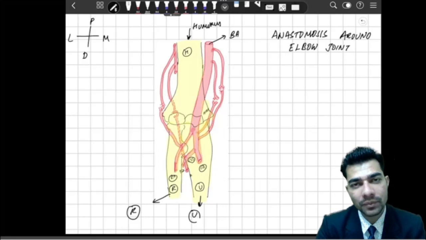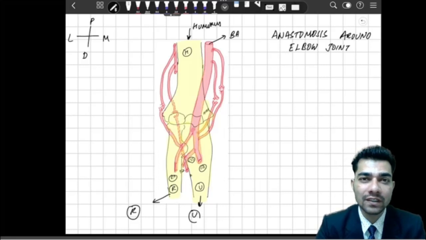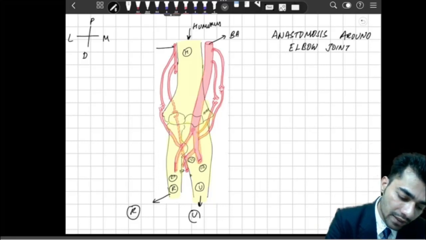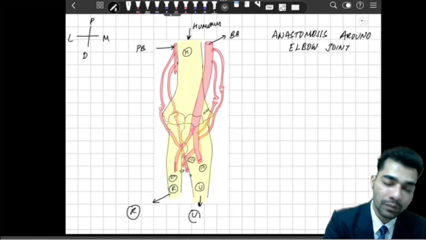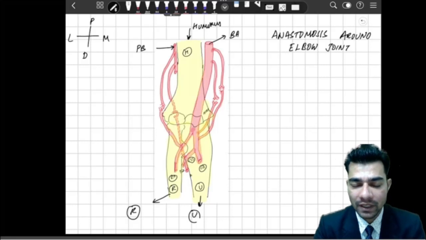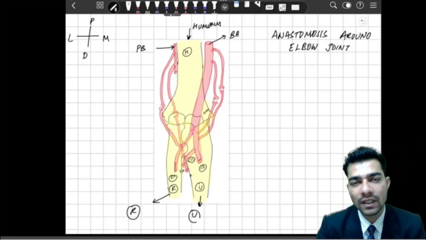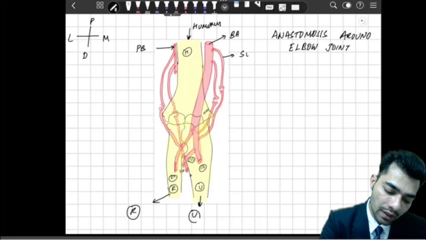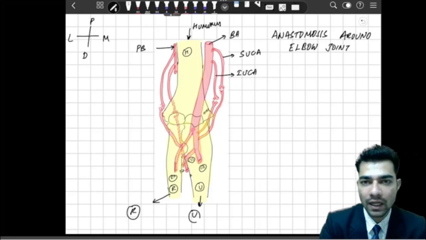The first branch of the brachial artery, which is the profunda brachii artery, lies on the lateral aspect of the humerus bone. This is the profunda brachii artery, which is the first branch of the brachial artery. On the medial aspect, there are two branches from the brachial artery, that is the superior ulnar collateral artery and the inferior ulnar collateral artery.